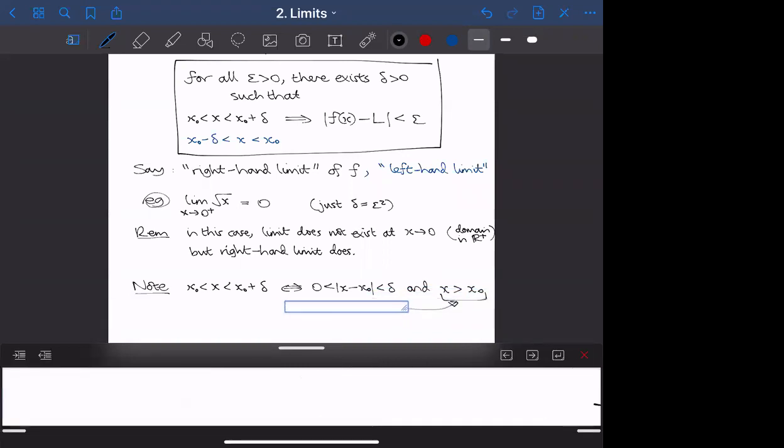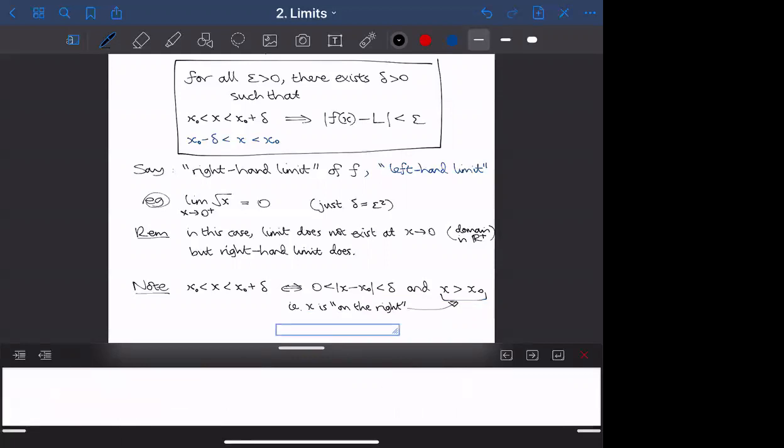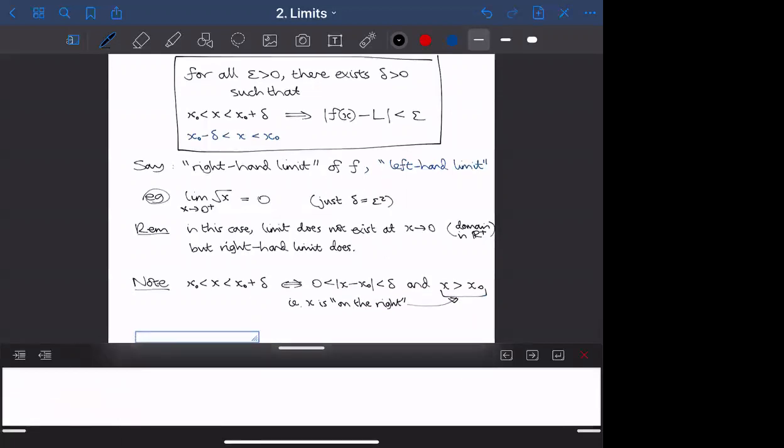So, i.e., x is on the right of x0. So another way to say it is the right-hand limit just considers the values of the function to the right of x0, where we want to take the limit.